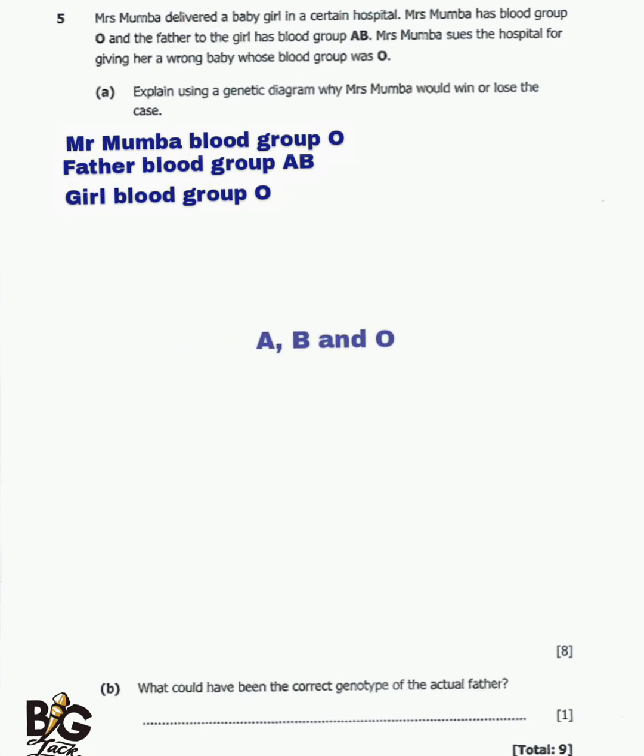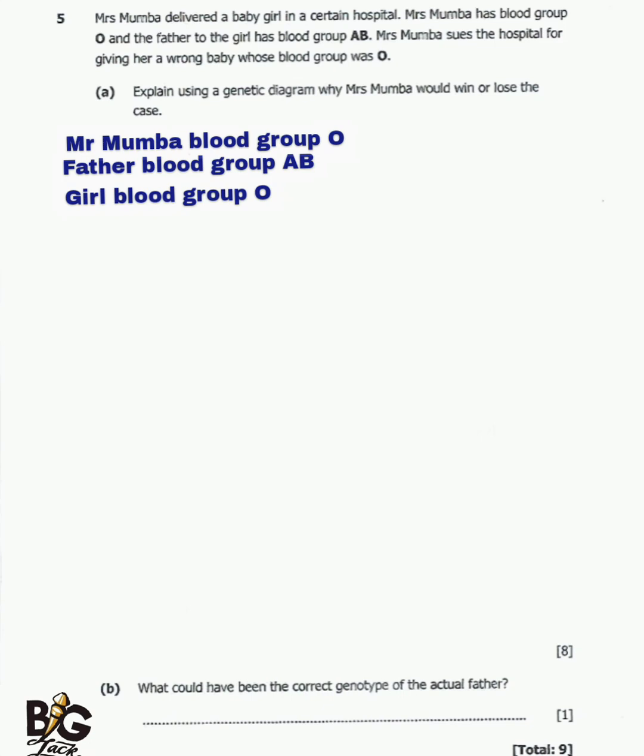From A, B, and O, we can get any blood group that we want. For example, the blood group of the father, which is AB, we can obtain from A and B. Now, blood group A exists as homozygous dominant and heterozygous.